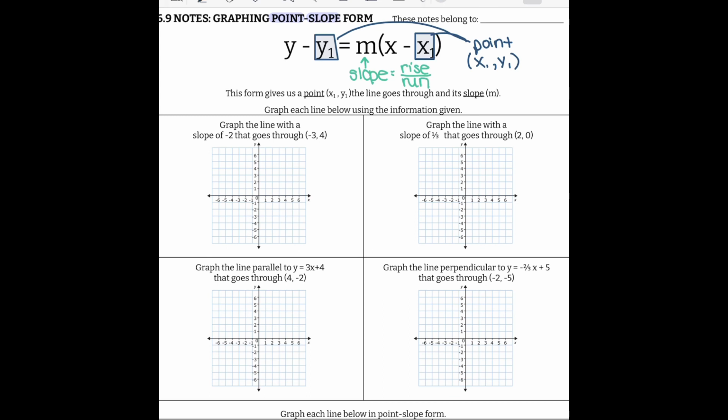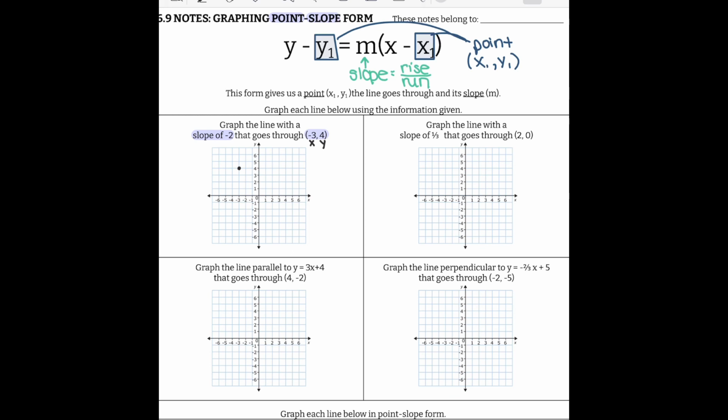So the first thing we're going to learn how to do is graph a line. The first example tells us to graph a line that has a slope of -2 that goes through -3, 4. So our first job is to go put -3, 4 on the graph, which is right about here. Keeping in mind that -3 is our x and 4 is our y.